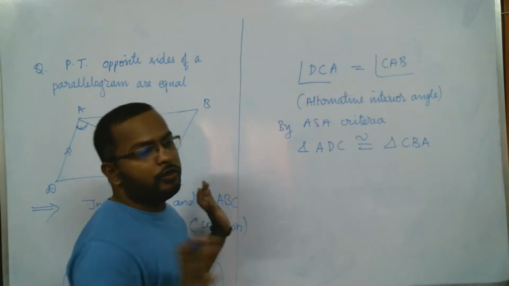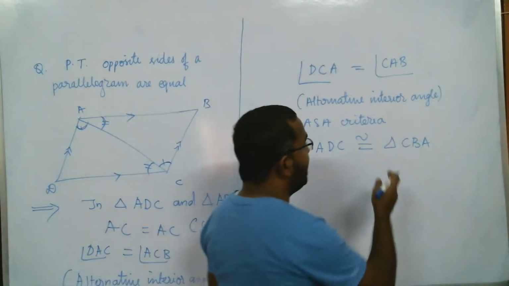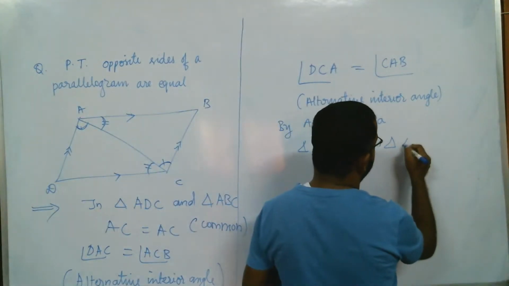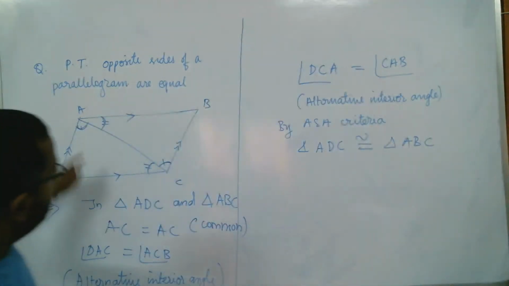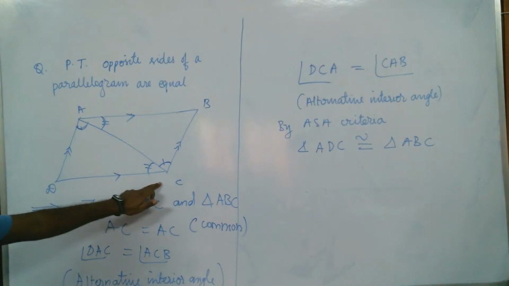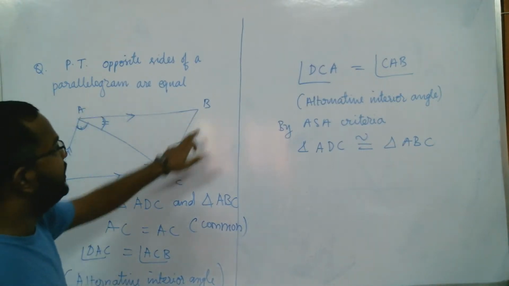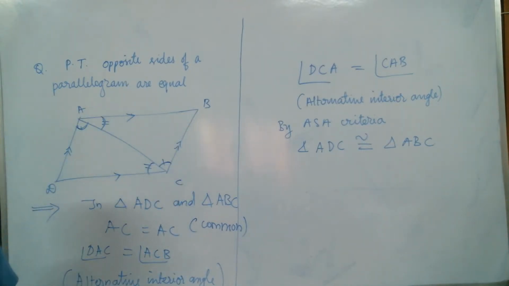Now, I have one more question. Instead of writing CBA, can I write it as ABC? Triangle ADC is congruent to triangle ABC. Can I write this?